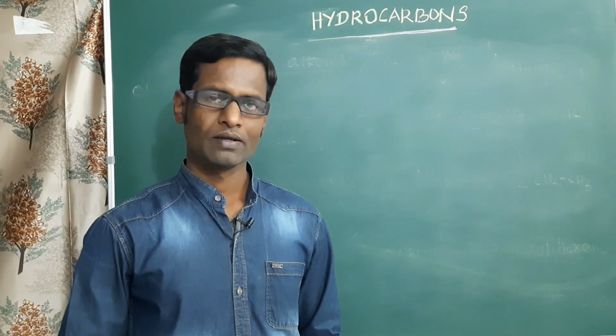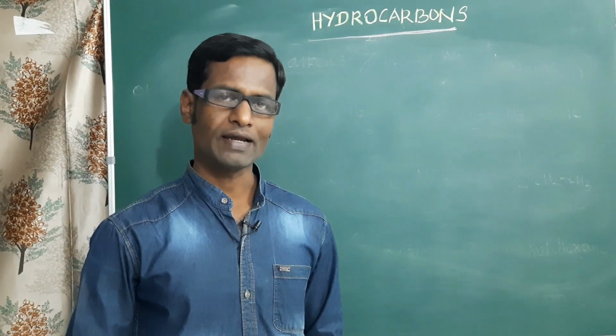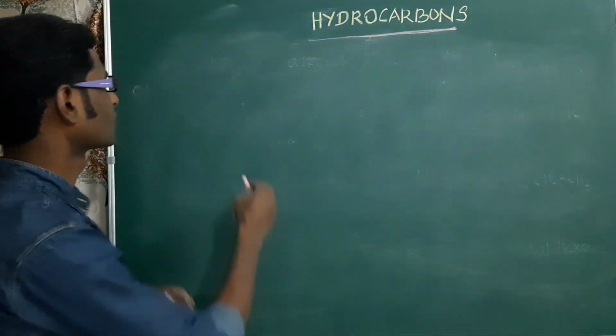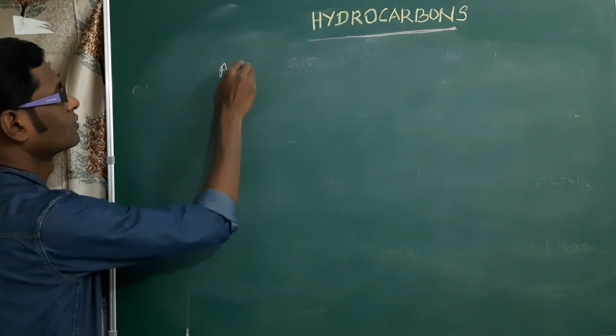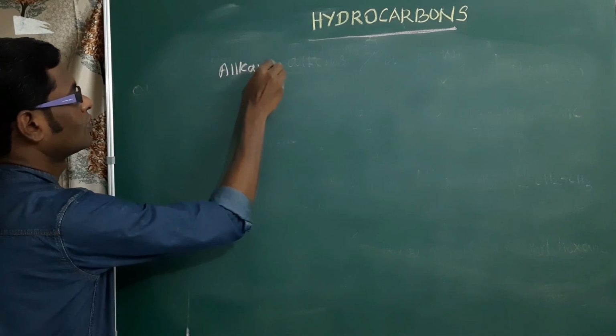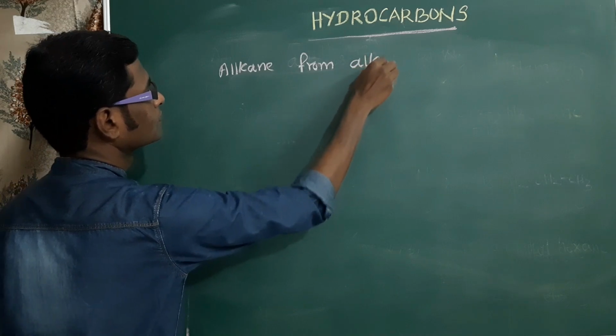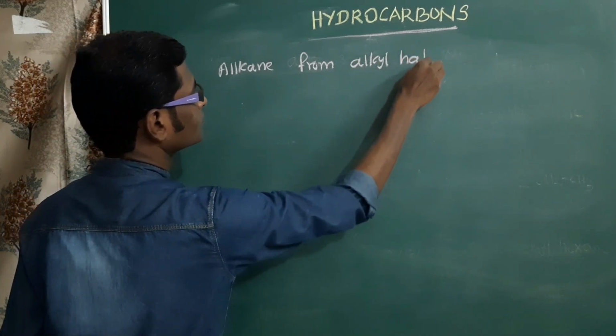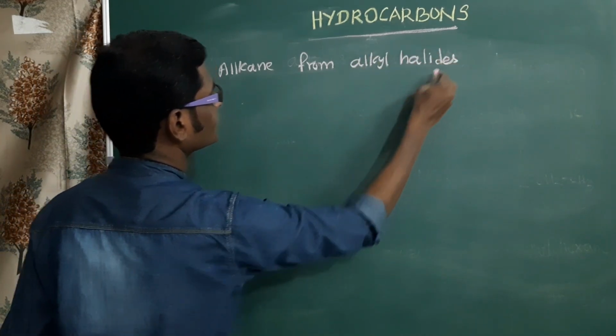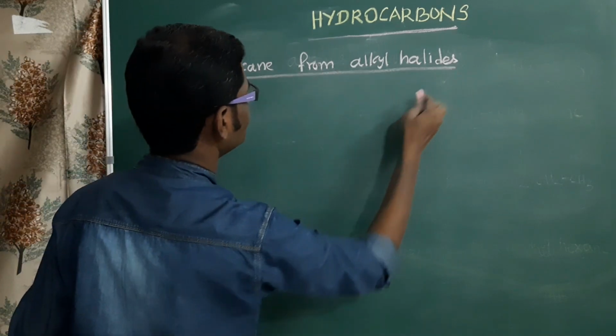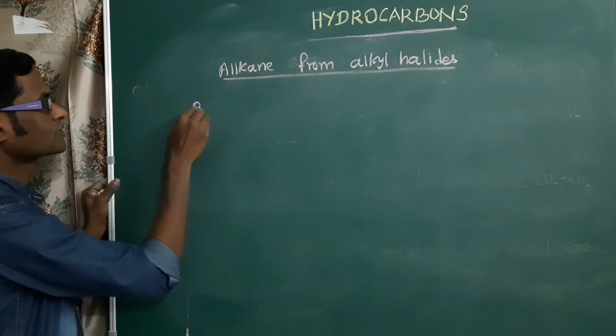Next method, alkanes from alkyl halides. General formula of alkyl halides: RX.